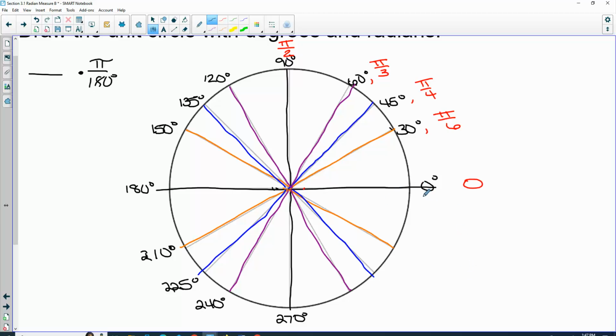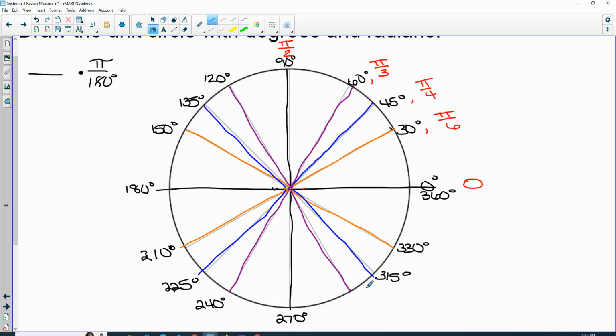In the fourth quadrant, 0 degrees is the same as 360. So when my reference angle is 30, we have to think 360 minus 30, which is 330. And my reference angle is 45. 360 minus 45 is 315.